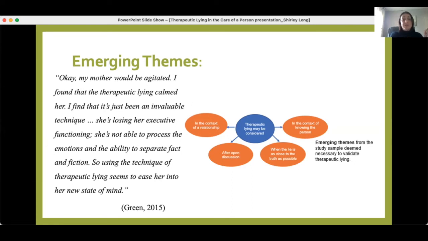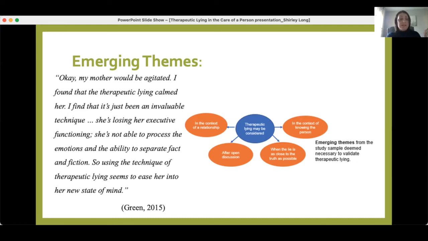And this is just one example, a quote from Green's study, of a person who found how valuable therapeutic lying was. She found it an invaluable technique because her mother would get agitated and she found that therapeutic lying calmed her. However, we are urging that this technique is used with caution.